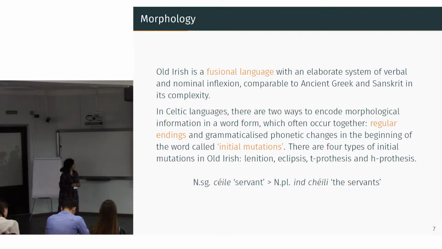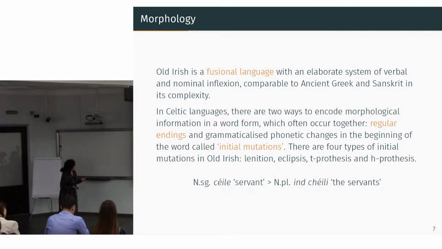The infixed pronouns are inserted into the verb. So we have endings. We have the so-called initial mutations that carry some grammatical information at the beginning of the word, and we have infixed pronouns.